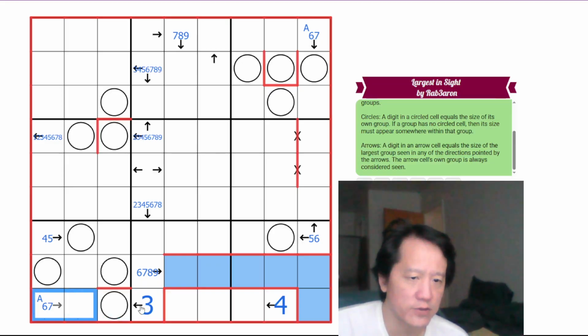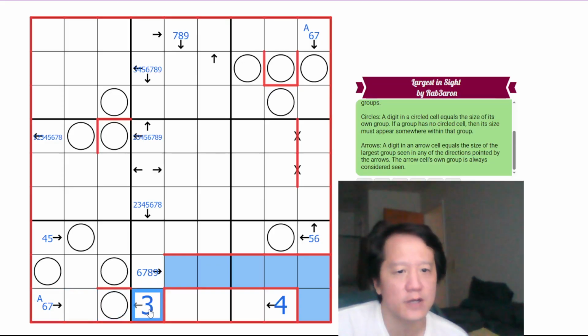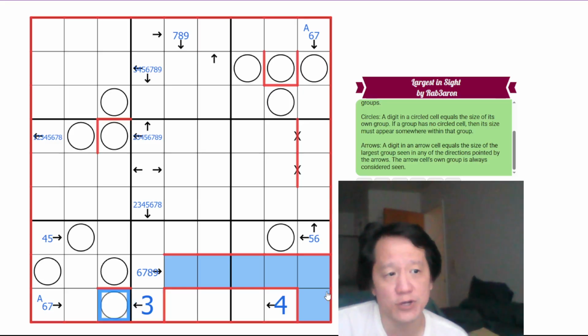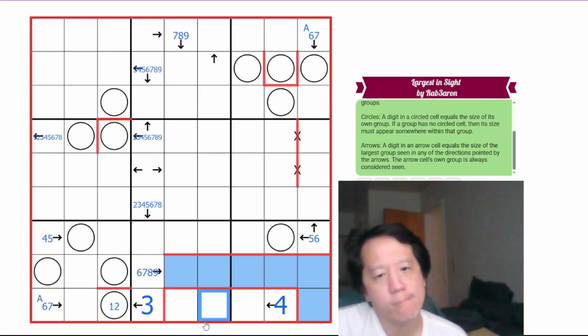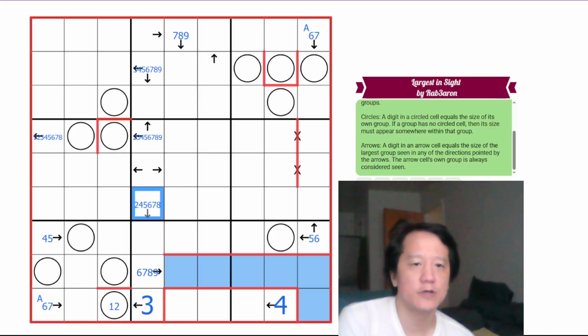So this is a set of 3. This is a set of 3. This can't be 3, so it has to be size either 2 or 1 here. So the 4 in this group matches that. There's no 3 here, no 3 here, no 3 here.